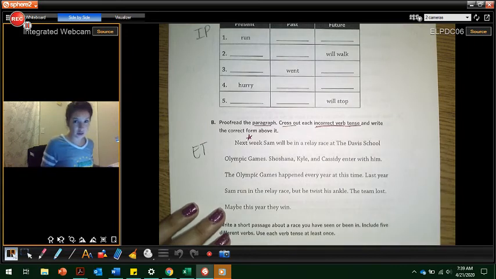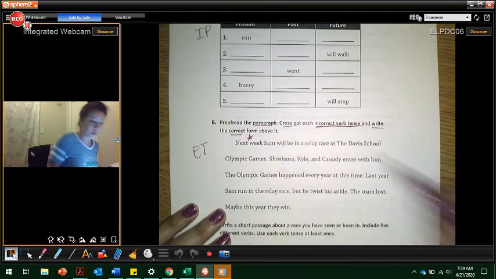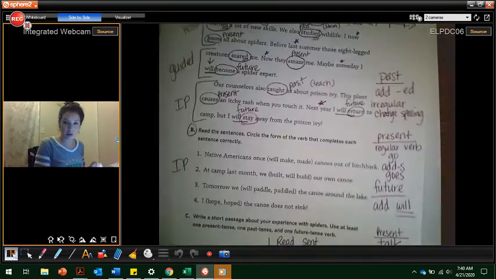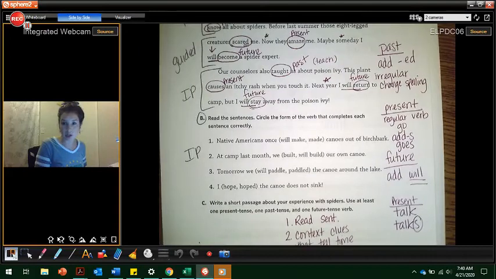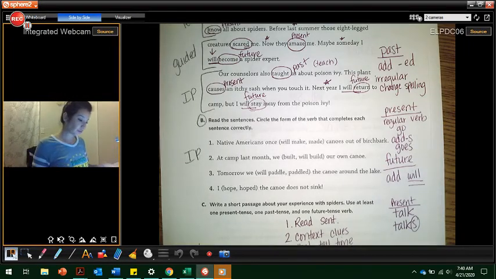They have to be incorrect. So some of them, they may be correct, right? And you're not only going to do that, but you're going to write the correct one above it. So you're going to make the change to connect to the tense of the story. It has to make a connection. Now, what are the changes you could make? Well, we talked about those on the first page, right? And I will have those anchor charts up for you as well on Teams. So make sure you're using those when you're working.